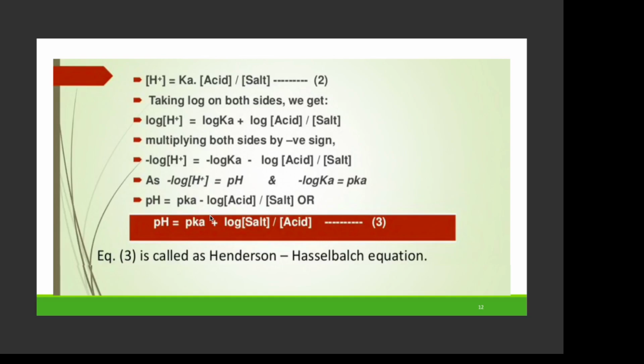Suppose here the acid is HA, and after dissociating it will donate some H plus ions and some negative A minus ions.